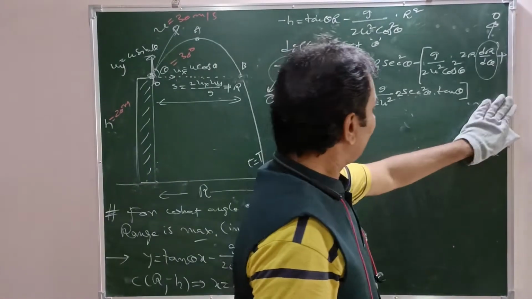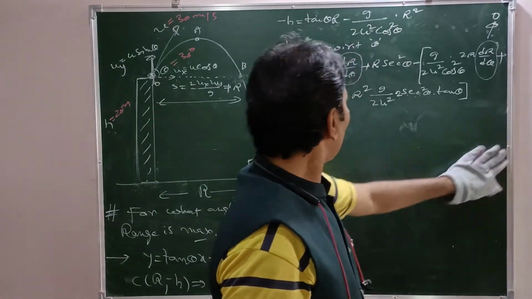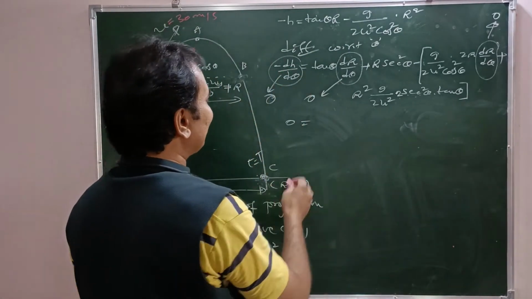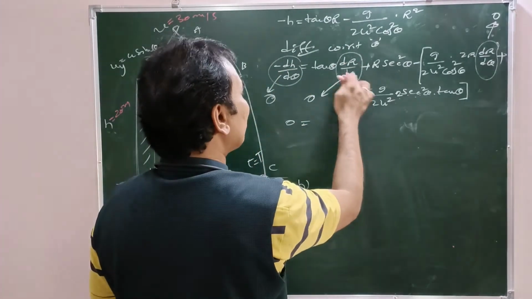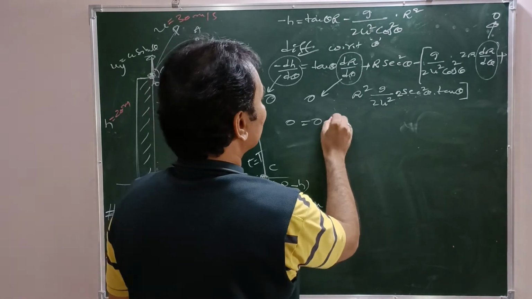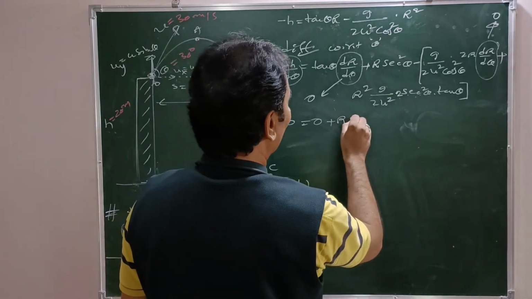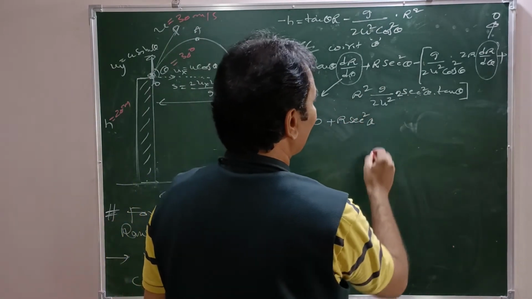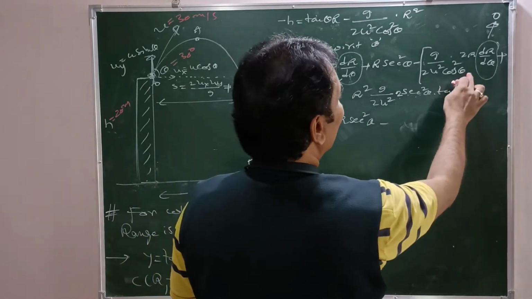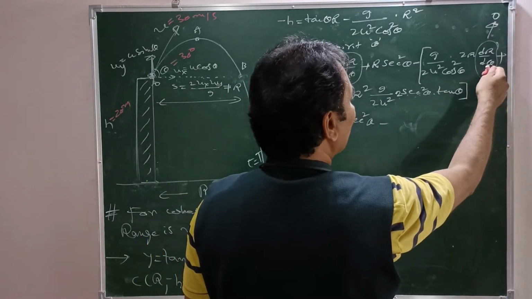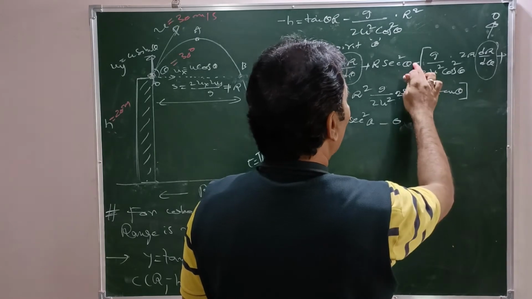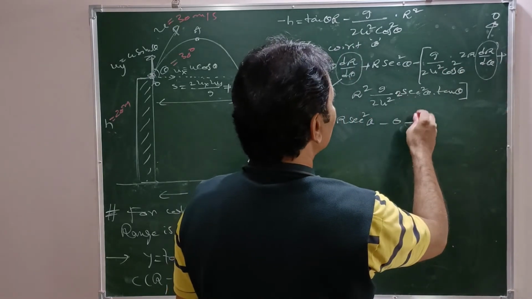Now take the same values. Minus dh by d theta 0 equal to this term 0 into something 0 plus r secant square theta, minus here dr by d theta 0, therefore 0 here.